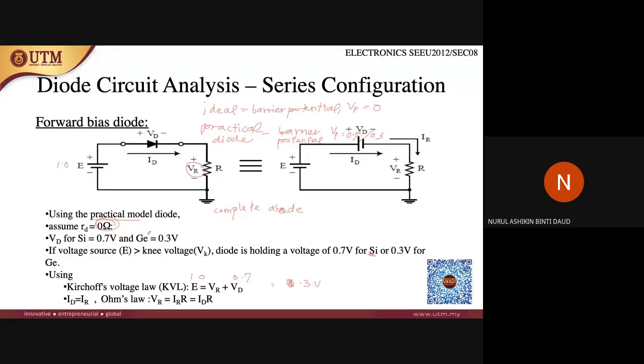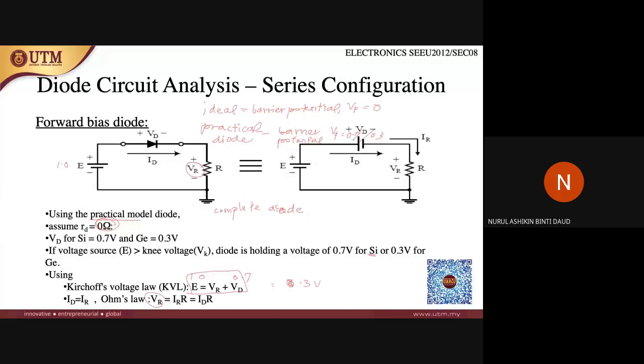Another thing that you have to remember is that the current that flows in this diode is the same as the current that flows in this resistance. So ID equals IR. According to Ohm's law, VR equals IR times R, or ID times R. So to calculate VR, either you want to know how much the current is, or you can use the Kirchhoff voltage law.